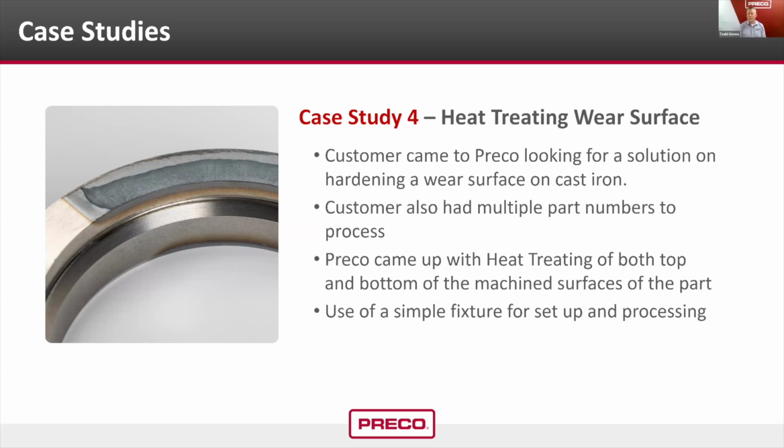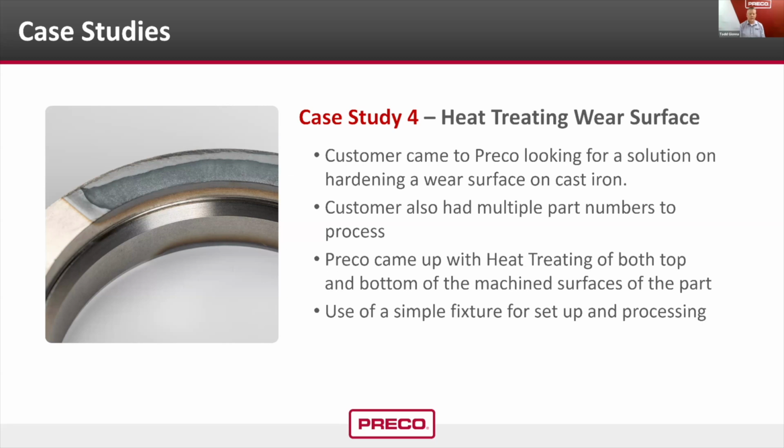We have other larger components where they may need the entire OD of something heat treated, where it could be in excess of 12 or 24 inches wide, and then what we call barber pole, where we're overlapping, or we'll do concentric rings around the OD.